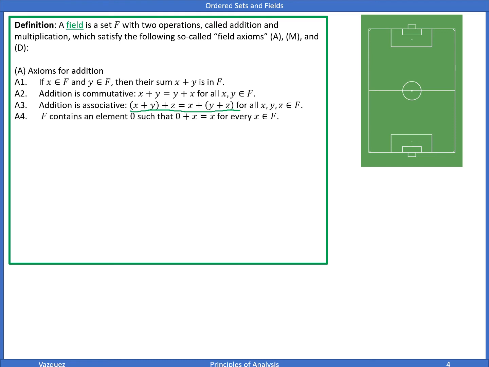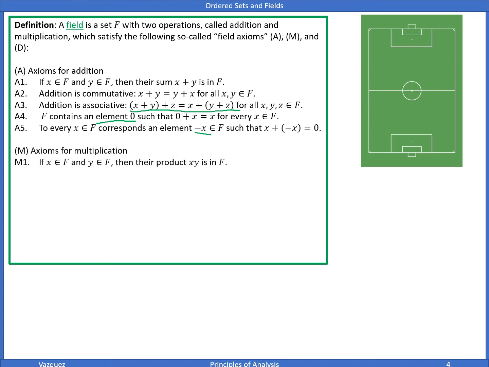And F contains an element 0, such that 0 plus x is just x for all x in F. We also have that to every x in F, there's another element. In this case, a lot of people just call it negative x, such that if you add both of them, you get 0, or this element up here. So there's the axioms for addition.